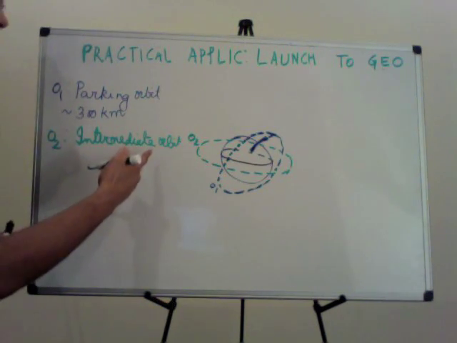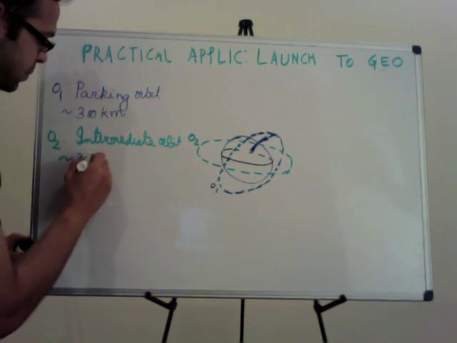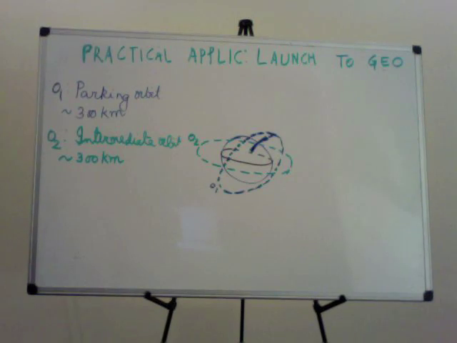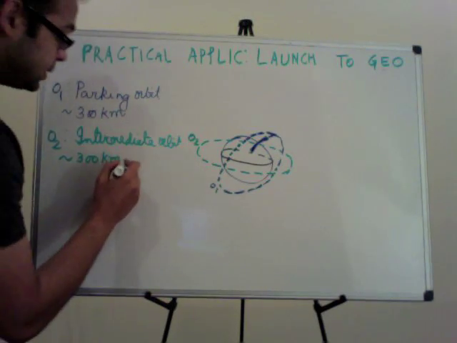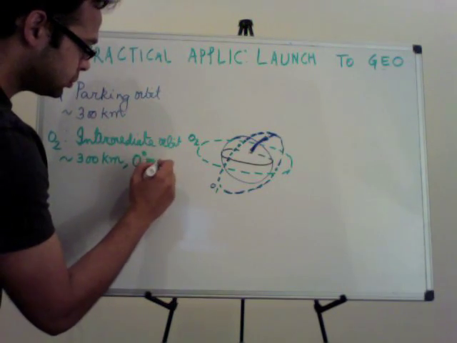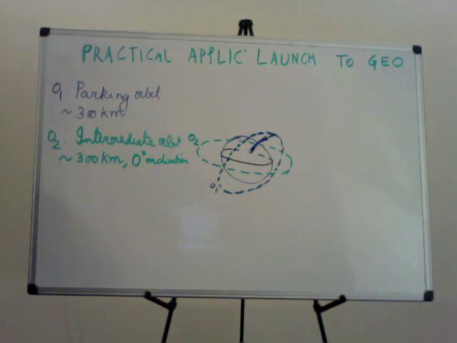This intermediate orbit O2 has the same radius as the parking orbit, so it has the same altitude, but the difference between O2 and O1 is that O2 has zero inclination. So the transfer between O1 and O2 involves a pure plane change maneuver. That's our second step. The first step was to place the spacecraft in O1.